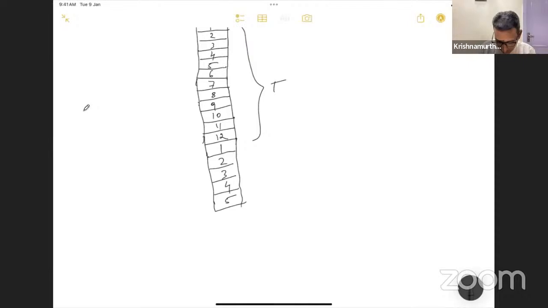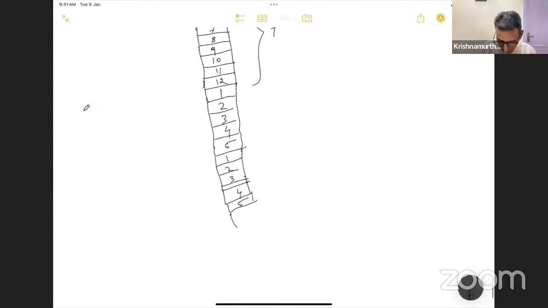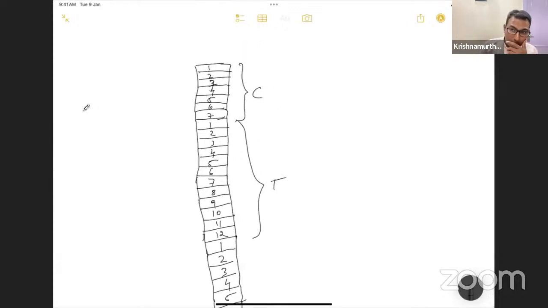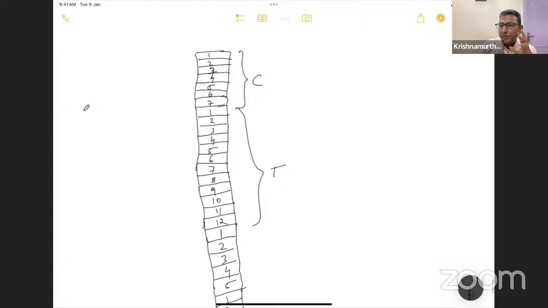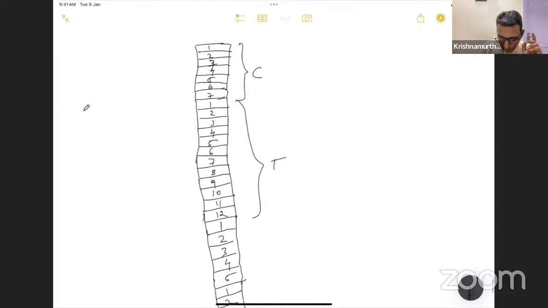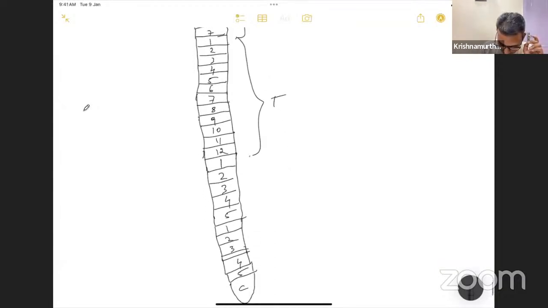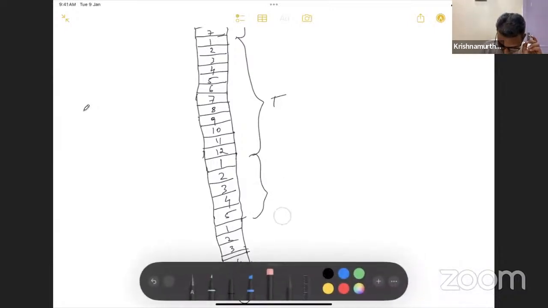Then sacral. This is thoracic, this is lumbar.